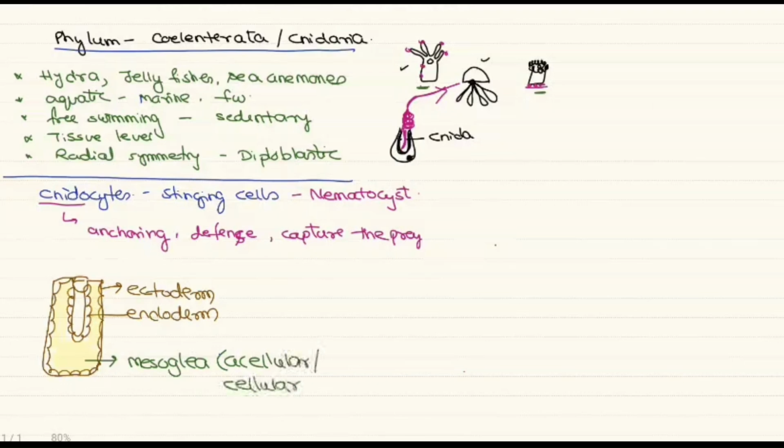It can be cellular, like in the case of jellyfishes. In the case of sea anemone, you can see more cells and more type of tissue formation.